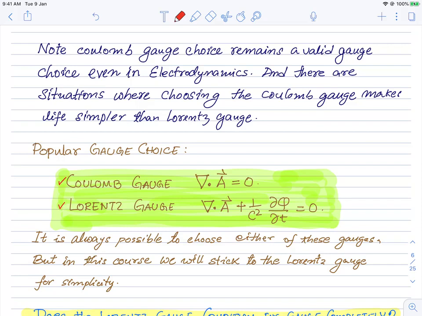You will see later when we write down our relativistic transformations, at the end of this course, that one of the useful things about choosing the Lorentz gauge is that it maintains manifest relativistic invariance, or covariance rather.